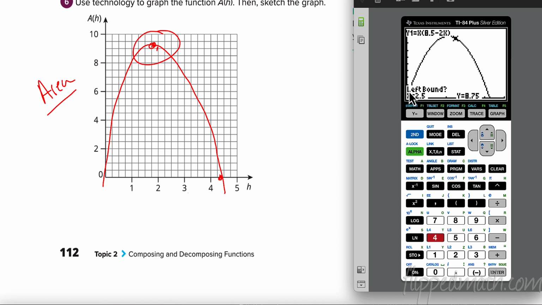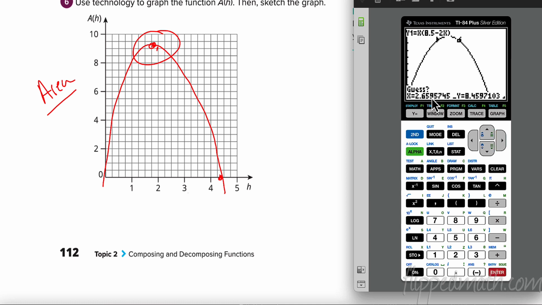Now it has some questions on there. It'll say left bound and right bound. I'm going to show you on my screen here. I'm going to move my cursor to the left of where the highest point is. I think my highest point is right about there. Doesn't matter how many times, as long as you're to the left of it. Then I press enter, and it comes up as a right bound. So then I'm going to go to the right of my highest point.